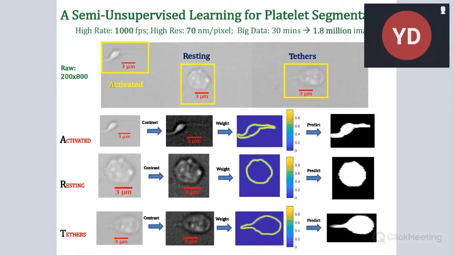This is a picture to show you all those different bizarre pictures of platelets. One is activated and gets these serial paths, then there are resting platelets, and then there's a tether, and those are the platelets in bizarre shapes. We have to use machine learning to detect them. As I mentioned earlier, this is high resolution, high speed.